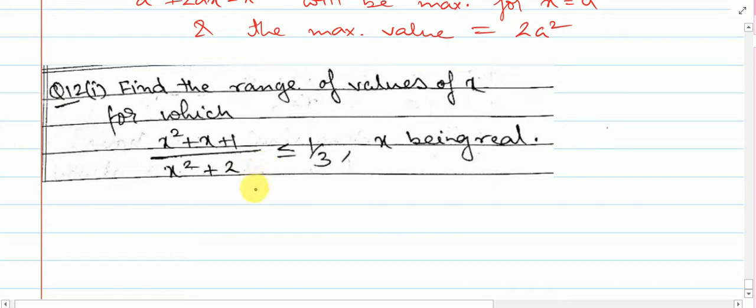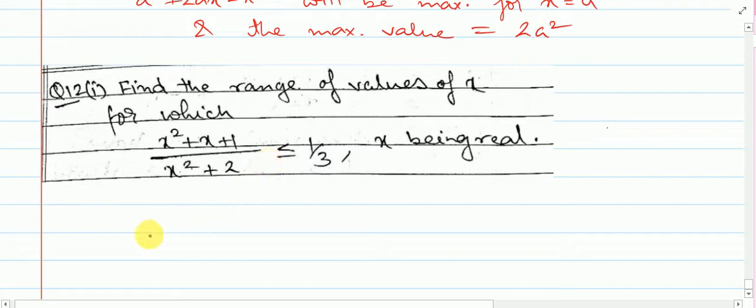In class 10 we have learned that if we multiply or divide by a positive number, then the sign does not change its direction. But if we multiply or divide by a negative, then this direction will be changed.